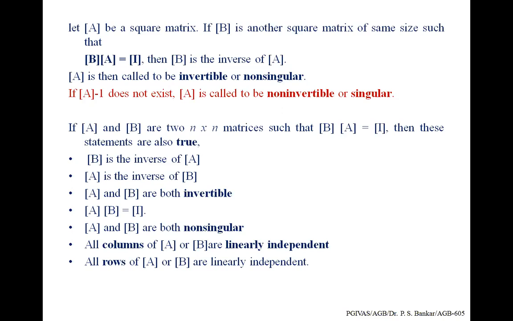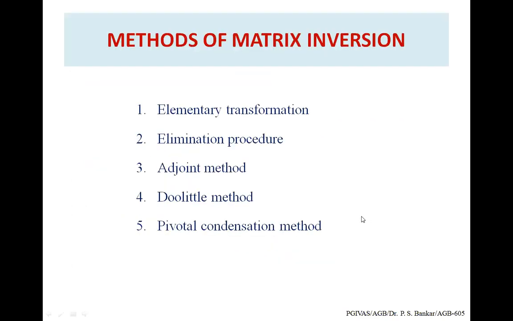And when the inverse matrix does not exist, we call it singular or non-invertible. When both matrices A and B are non-singular, there exists a unit matrix from their multiplication. Then we can say that the columns and the rows are linearly independent. This was just the theoretical part.